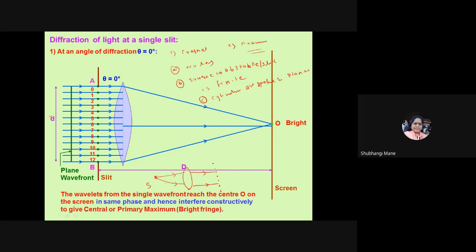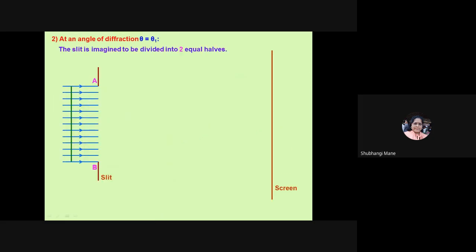Yeah, the wavelets from the single wavefront reach the center O on the screen in the same phase and hence interfere constructively to give the central or principal maxima or primary maxima. Now, second condition. This is the Fraunhofer's diffraction where a plane wavefront is to be used.